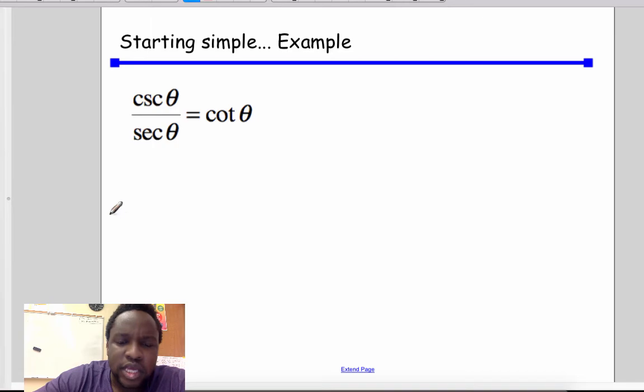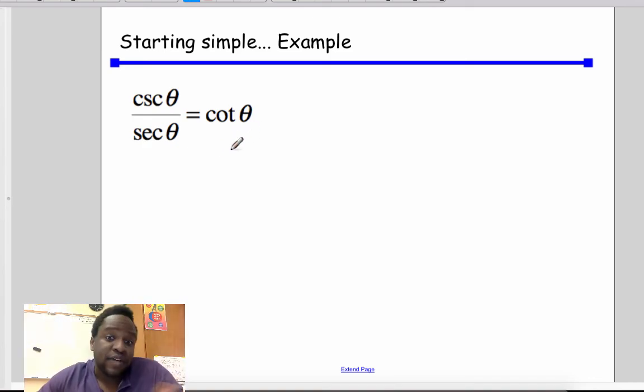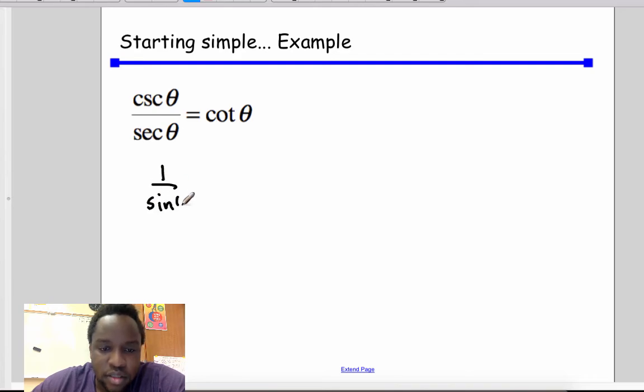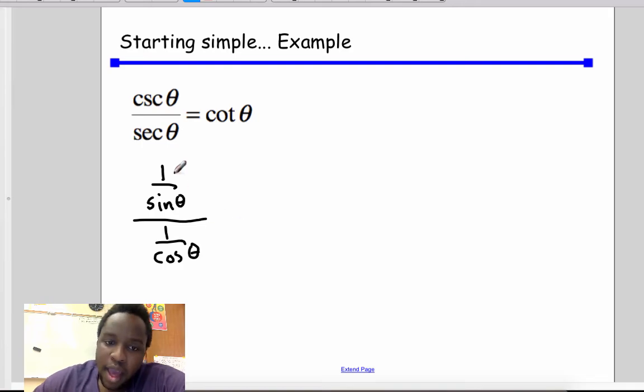So let's take a look at this problem. Cosecant theta over secant theta is equal to cotangent theta. What can we do to start simplifying this problem? Well, we know our reciprocals. Cosecant theta is 1 over sine theta, and secant theta is 1 over cosine theta.